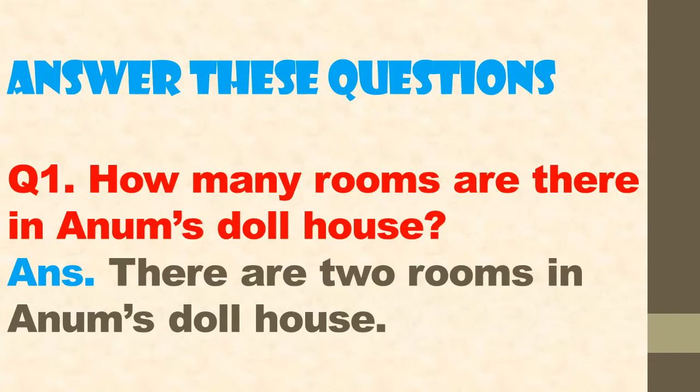Here you can look at Anam's doll house. Look at this house and tell me, how many rooms are there in Anam's doll house? Yes, 2 rooms. There are 2 rooms in Anam's doll house.